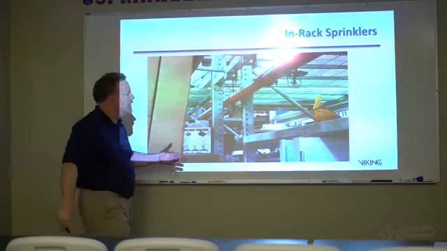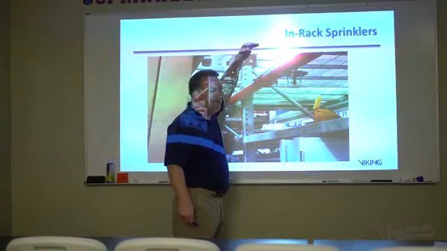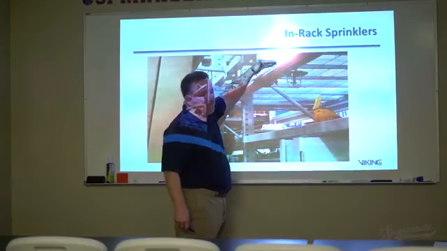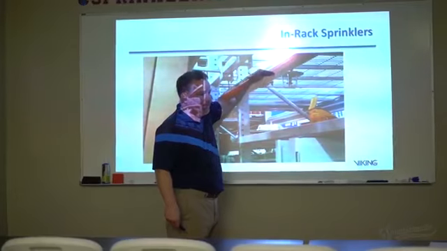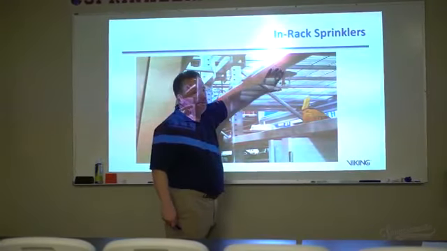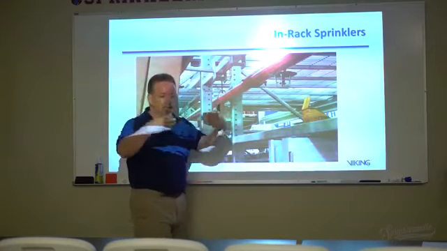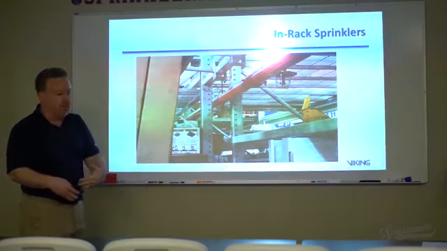So what we see here is our ESFR sprinkler system with our ceiling sprinklers up above, and because of the type of storage and the arrangement, the rack storage, which we'll talk about on Thursday, we will have in-rack sprinklers within there in order to deliver water down through the racking unit.